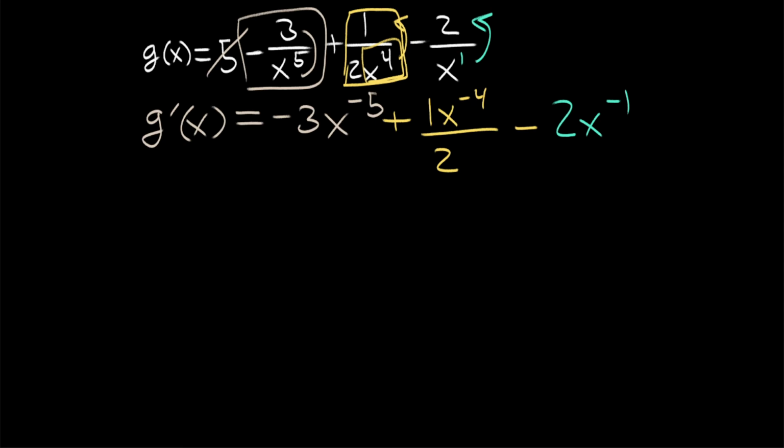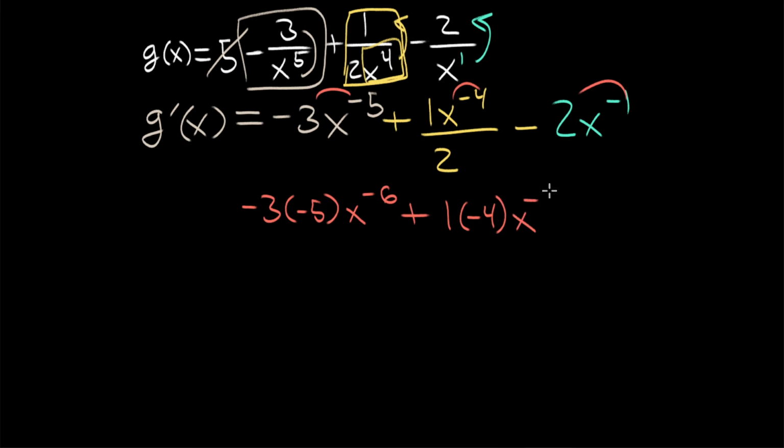Okay, now we need to apply the power rule and clean some stuff up. Okay, so this one's going to go down, this one's going to go here, and this one's going to go here. So we have -3 times -5 x to the -6th plus 1 times the -4th x to the -5th and over 2.